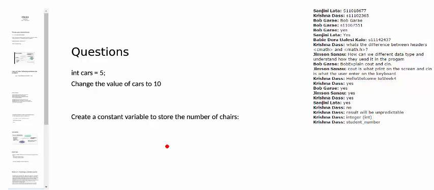So we have initialized the value of cars to 5. How will you change the value of cars to 10 using assignment operations? So this is the int main and you have to change the value of cars to 10. How will you do it? Cars equals 10. Again, Mr. Krishna has answered it.